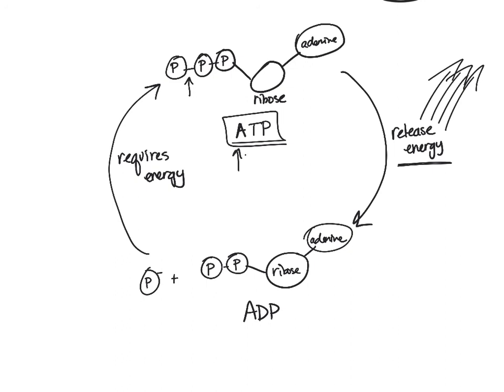So this is high energy, cleave off that phosphate group, releases that energy to be used elsewhere. Then we have our low energy phosphate, or ADP, and then once we get glucose, we can put energy back into the system and then make our ATP again.